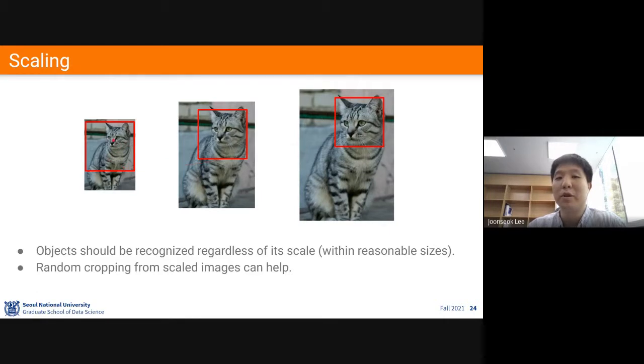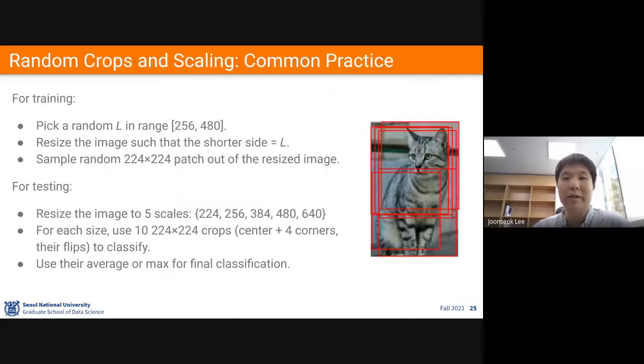So this cat's face may be captured at this size or this size or this size, and we would like to teach our model that all of these are cats, so you have to recognize this. If we just use this one, this kind of scale only, then the model may learn that the cat's face should be in this size, and if it's smaller than that, it will not be able to capture it. So scaling is another thing.